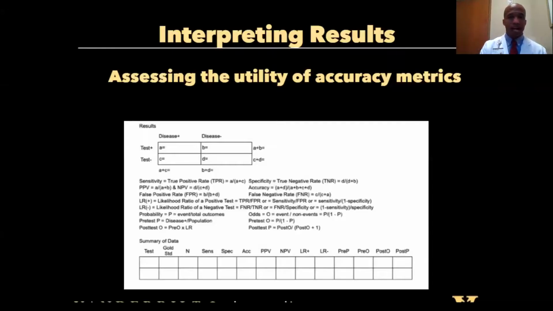Okay, so I'm going to now switch screens. And the screen I'm going to show is a slide from a presentation on how to review these accuracy metrics. So hopefully you have your paper in front of you or a split screen setup.